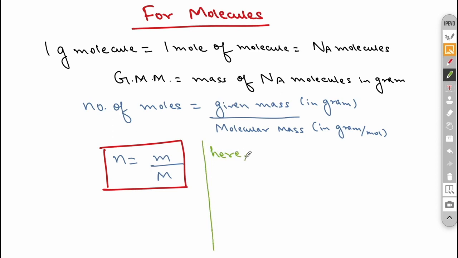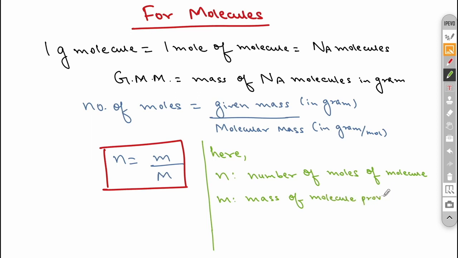And here small n is the number of moles of molecule. Small m is the mass of molecule provided in the problem.